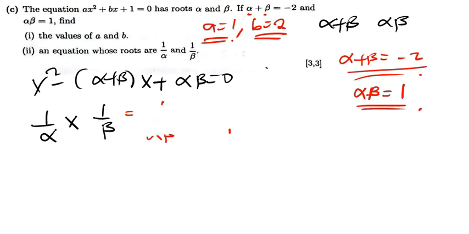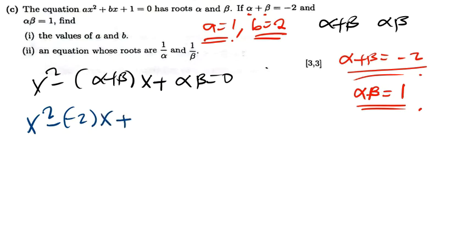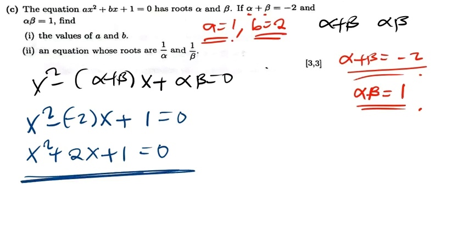So from the equation here, you just come and plug in the values. So x squared minus negative 2 times x plus 1 is equal to 0. X squared plus, negative and negative is positive, and I'll end up having this equal to 0. So this is the equation they wanted us to find.